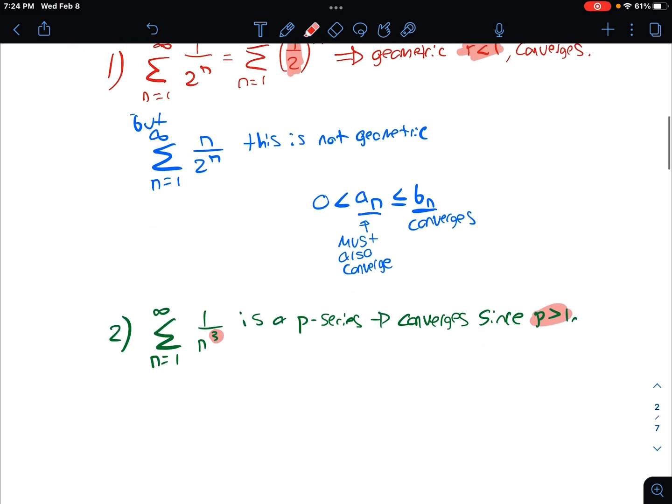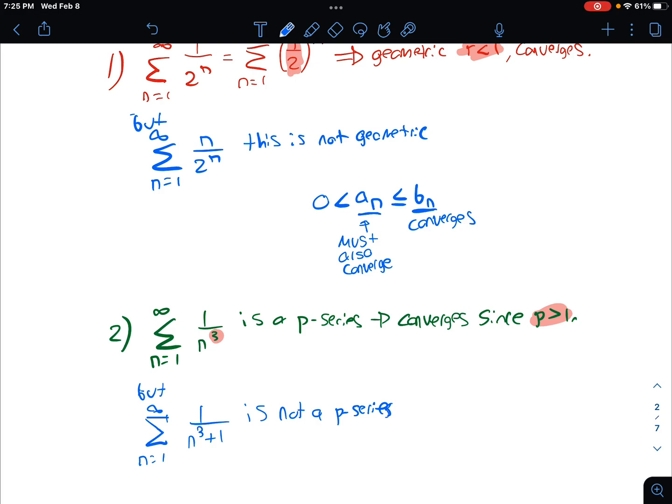Okay? But if I give you something that looks like this, the sum from n equals 1 to infinity of 1 over n cubed plus 1, this is not a p-series. And taking an integral of that's not going to be super fun.